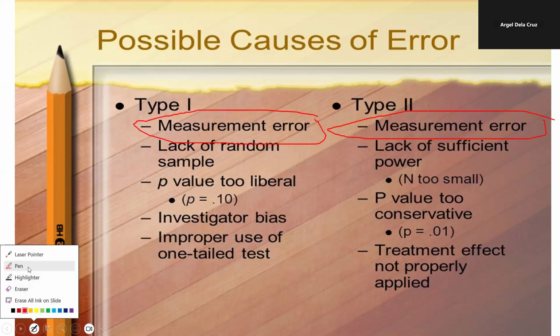However, when you adapt, basically just copy it verbatim, and the instrument is well tested, there is a very minimal chance of committing type 1 or type 2 error.